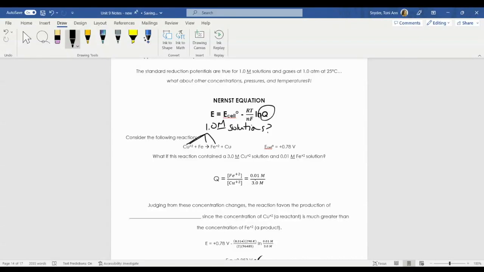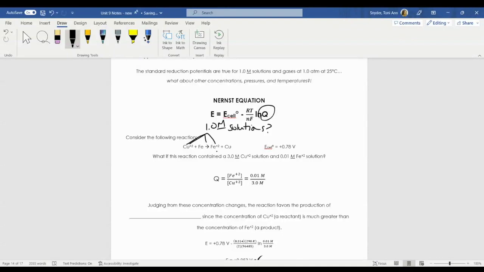My concentration of copper is much higher than my concentration of iron. What is that going to do to the voltage? Is it going to increase the voltage or decrease the voltage? Will this reaction proceed more in the forward direction, or more in the reverse direction?